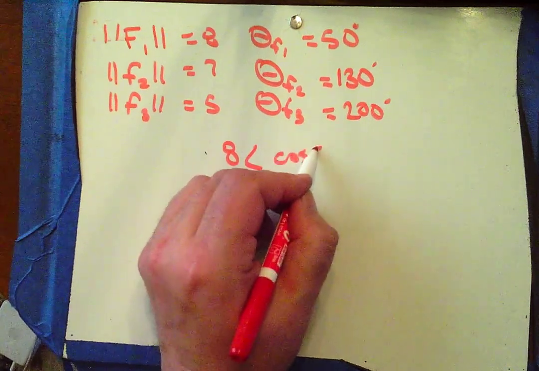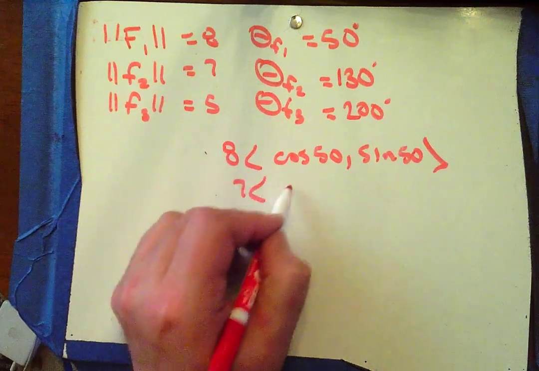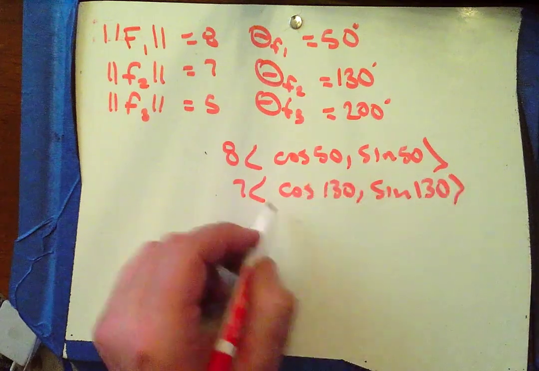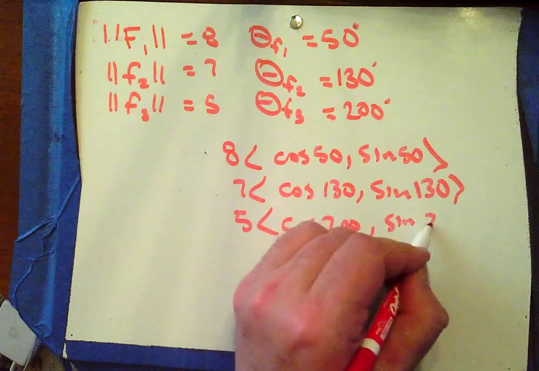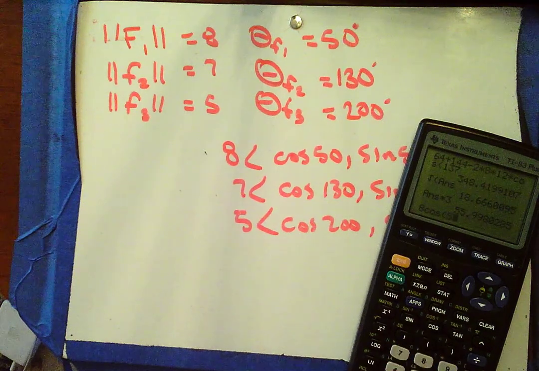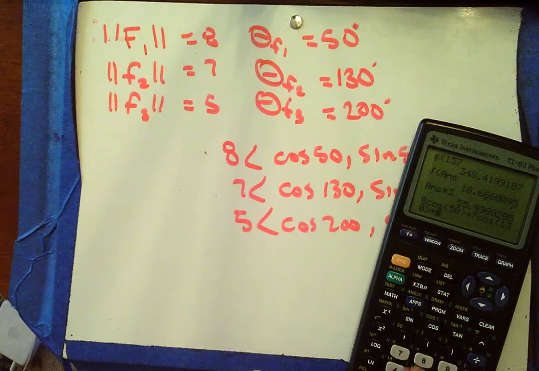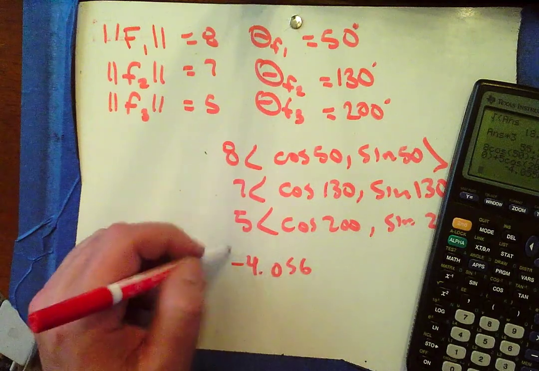8 cosine 50, sine 50, 7 cosine 130, sine 130, and 5 cosine 200, sine 200. Okay. 8 cosine 50 close parentheses plus 7 cosine 130 close parentheses plus 5 cosine 200, and we get negative 4.056.